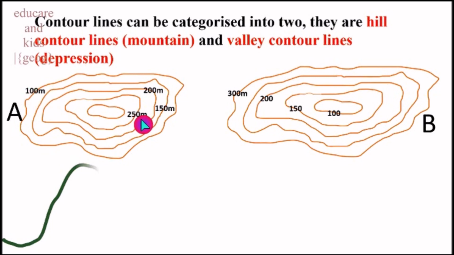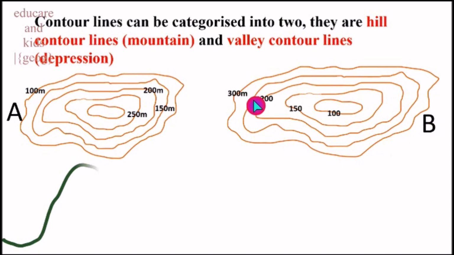And with contour B, the calibration starts from the highest to the lowest. So contour A, you see 100, then 250, and then 300. So it starts from the lowest to the highest. And contour B starts from the highest to the lowest.